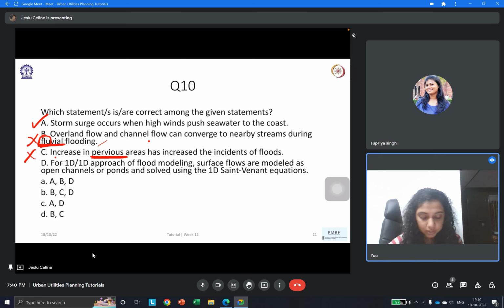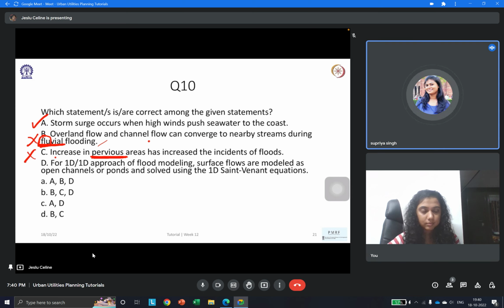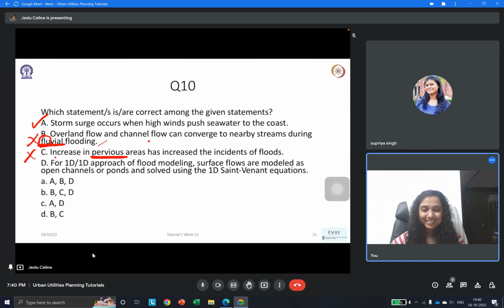Now, option D: for 1D approach of flood modeling, surface flows are modeled as open channels or ponds and solved using the 1D Saint Venant equations. So this is actually right.